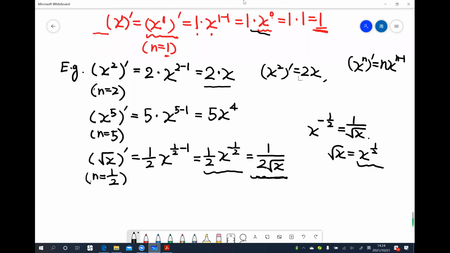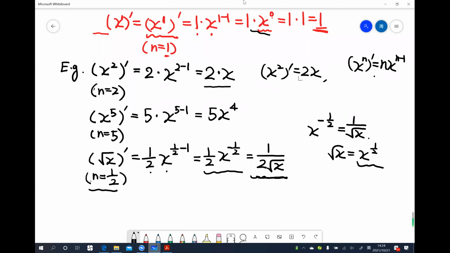So here we know that n equals to 1 by 2. So we can use the formula: n, that is 1 by 2, times x power n minus 1. So here that is 1 by 2 minus 1, right?